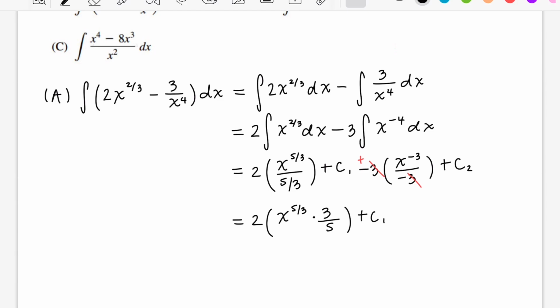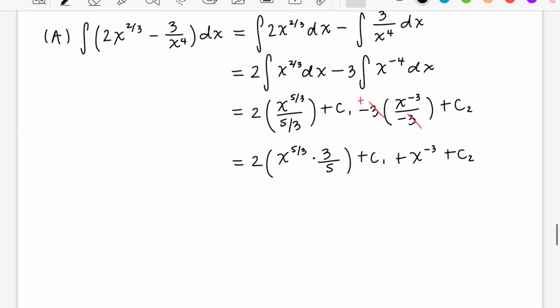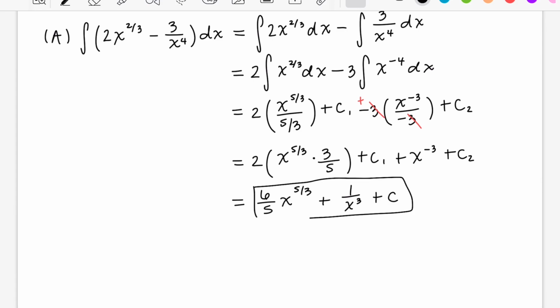And so we'll have plus x to the minus 3 plus c2. All right. And then we can multiply this 3/5 times this 2 here. So we'll get 6 over 5 times x to the 5/3 plus x to the negative 3, which actually we'll write with positive exponents, so this will be 1 over x cubed. And then we'll combine these constants into one big guy. And so this will be our final answer here.